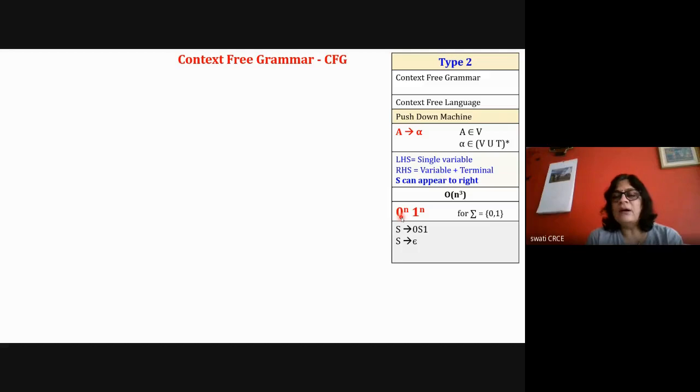And here, for every 0 you need to have a 1. So how to define that? Like you say S is equal to 0 S 1. So whenever any 0 is generated on the left hand side, 1 is also generated. So any time you go on applying the rule, for every 0, another 1 is created.